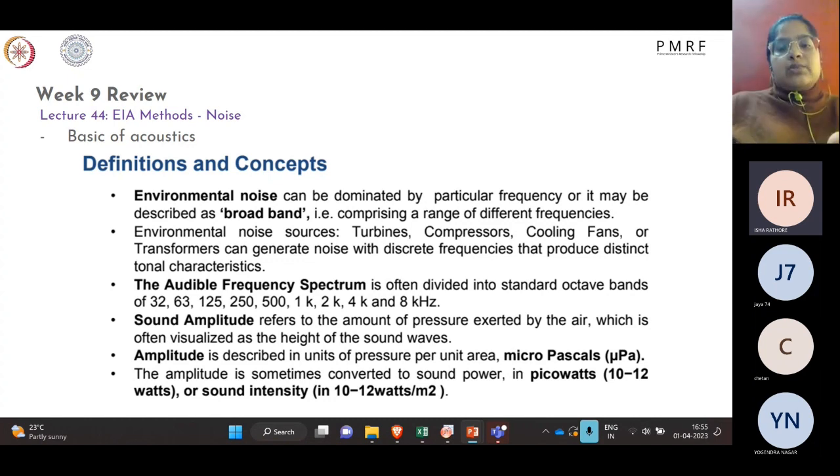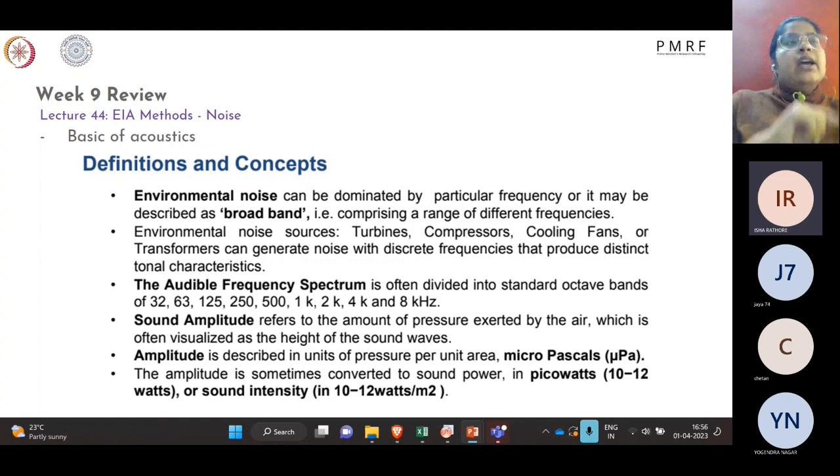The audible frequency spectrum is divided into standard octave bands of 32, 63, 125, 250, 500, 1000, 2000, 4000, 8000 hertz. So this is the frequency spectrum. And sound amplitude is the amount of pressure exerted by air, which is often visualized as the height of the sound wave.